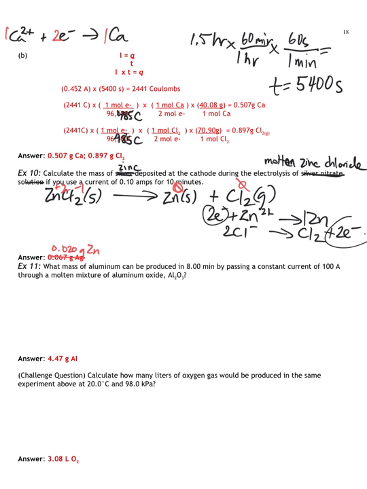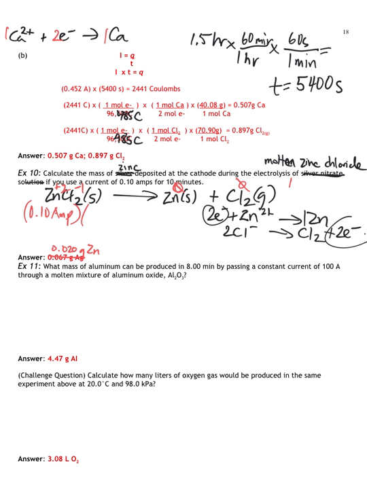Starting off, we're using the equation for calculating charge. So you multiply your current times the time so you can find the charge. The charge will lead you to figuring out how much product is formed in the end. So I start off by multiplying my amps, which is 0.10 amps, times my time unit in seconds.